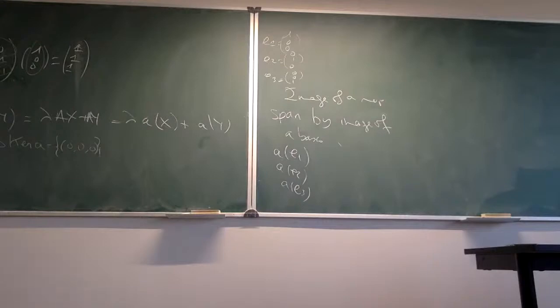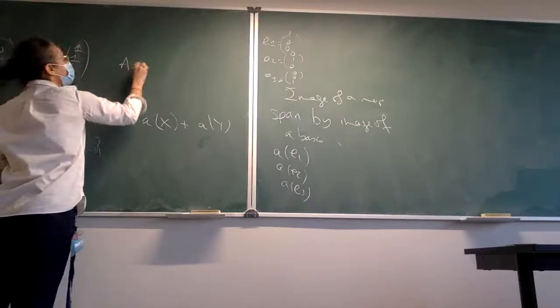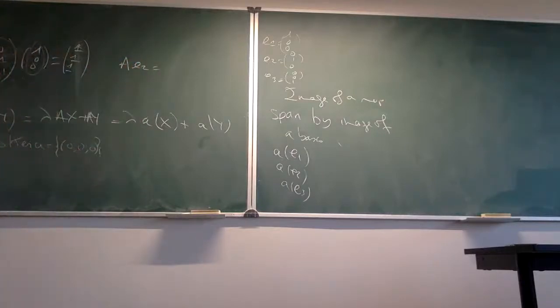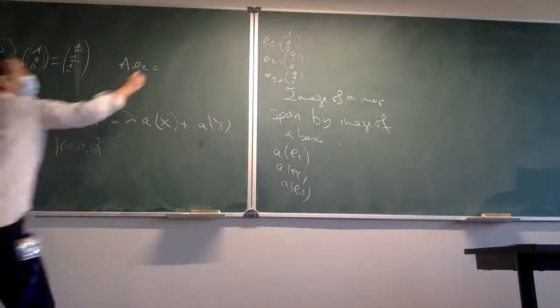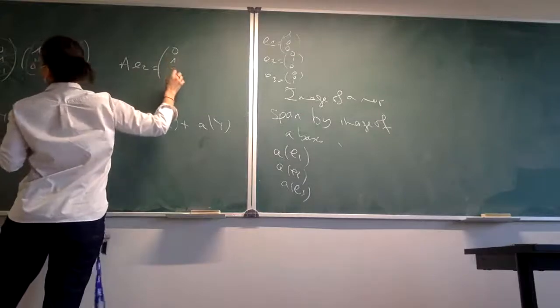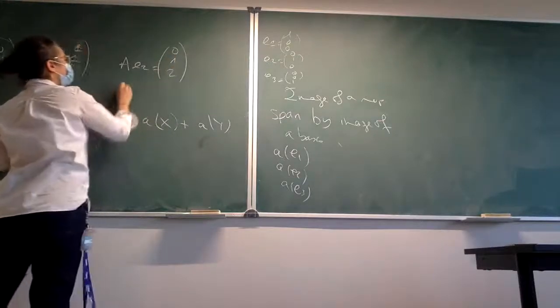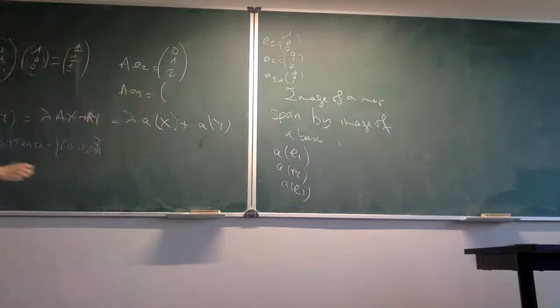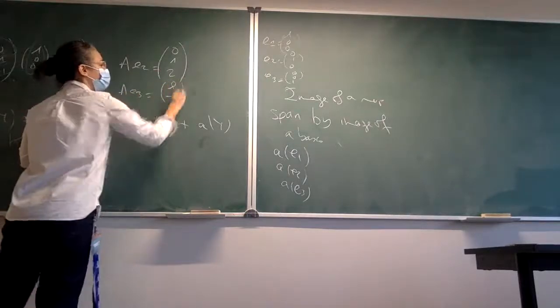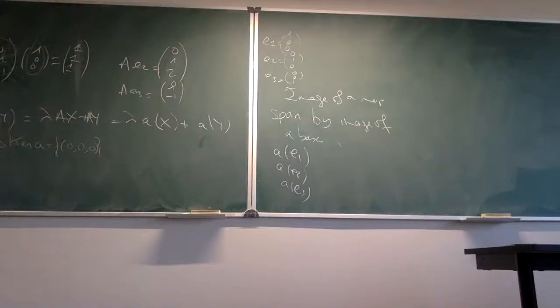Guess what? If you're doing A times E2, what are you going to get? The second column, 0, 1, 2, and A E3 is going to be 0, 1, -1. If you want to be convinced of that, just do the calculation. But this is what we get.